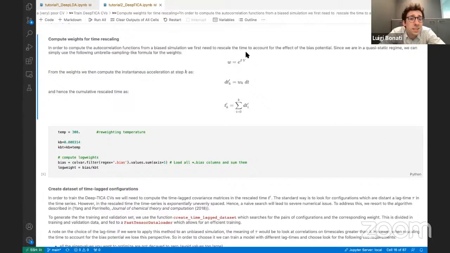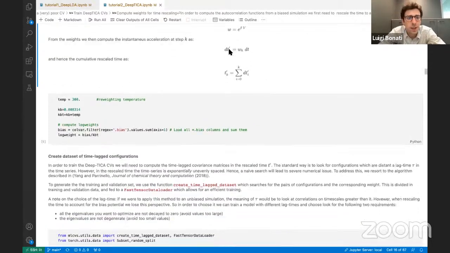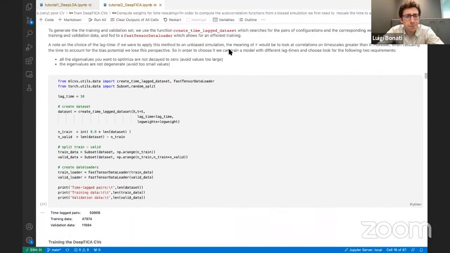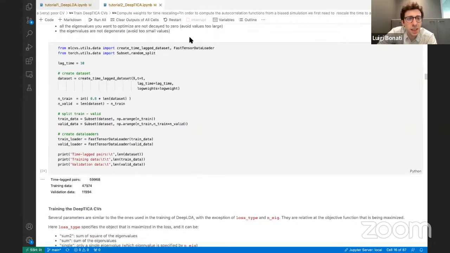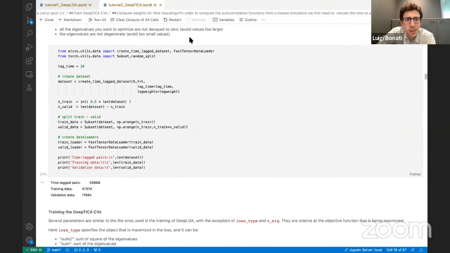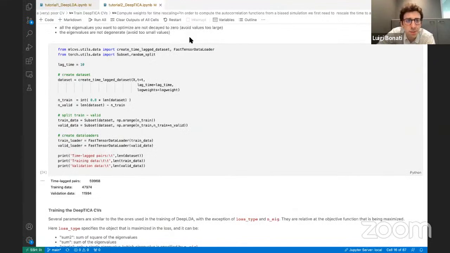This is actually very similar to what is assumed when one wants to extract kinetic rates, for instance, from biased simulations. And with this, first we rescale the time due to the presence of the bias potential, and then we create our data set.